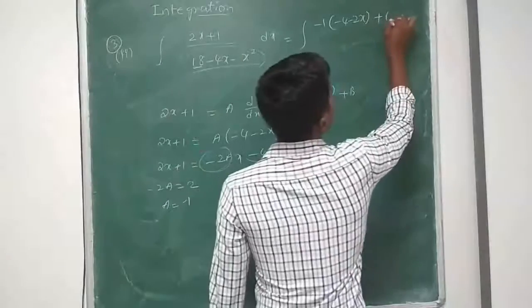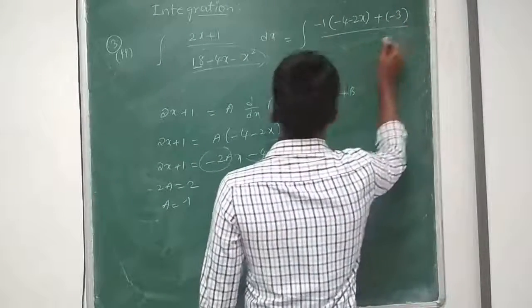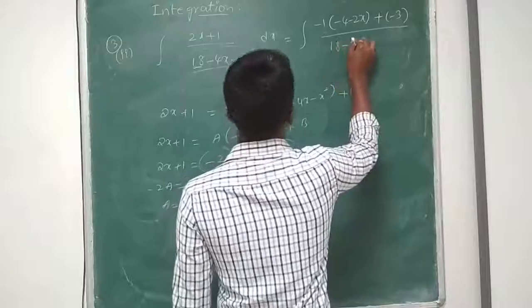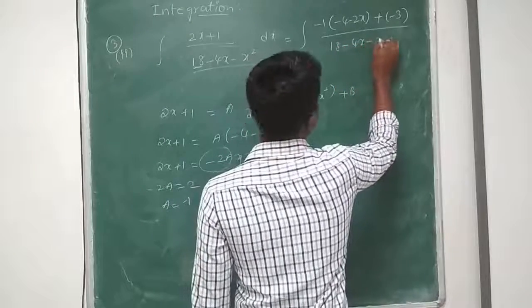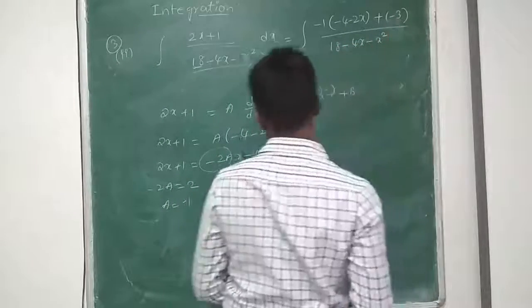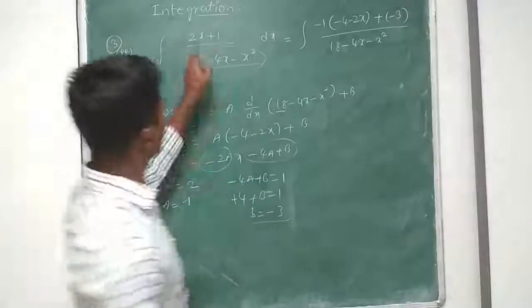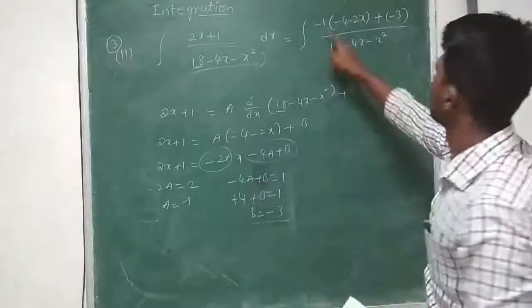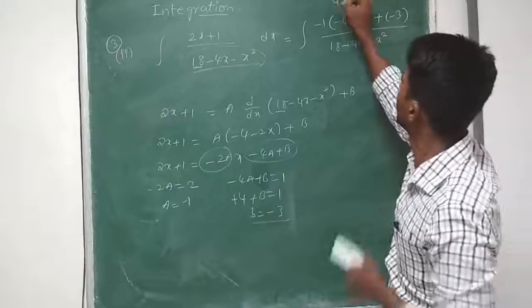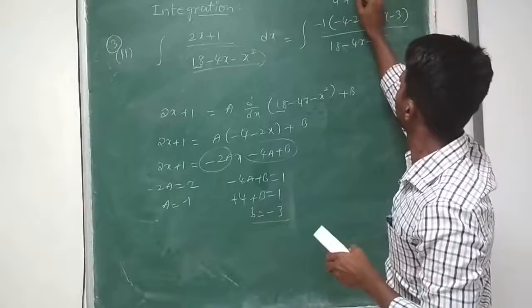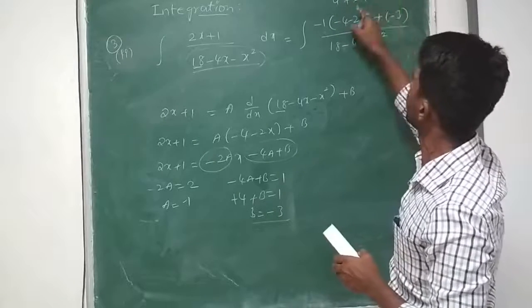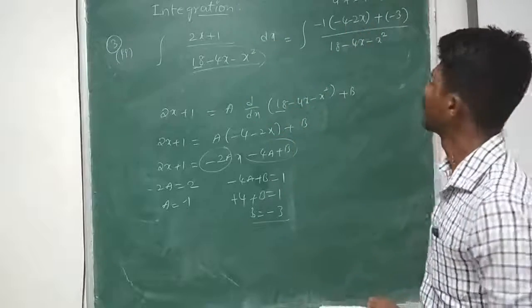Minus 3, by 18 minus 4x minus x square. Check whether these two are equal or not. Minus of minus 4 plus 4 plus 2x minus 3, which is nothing but 2x plus 1.